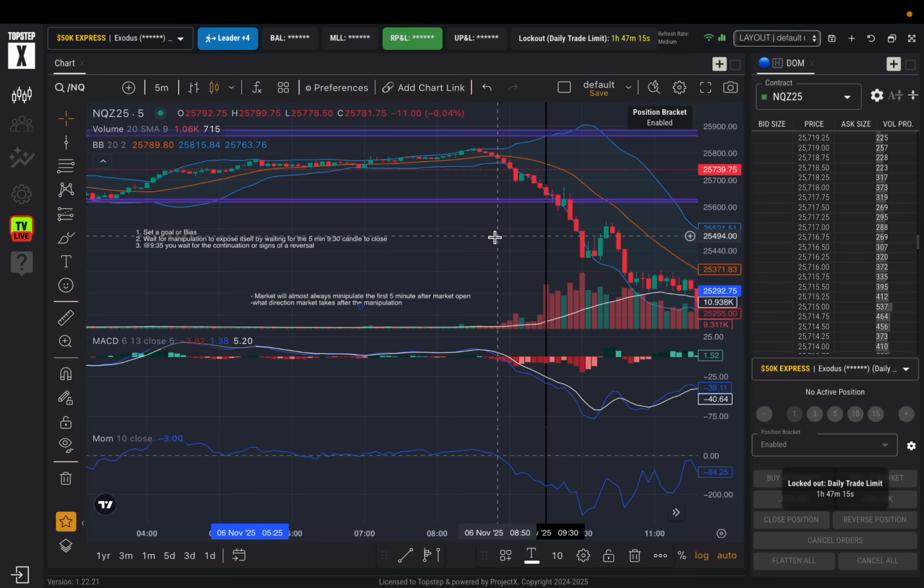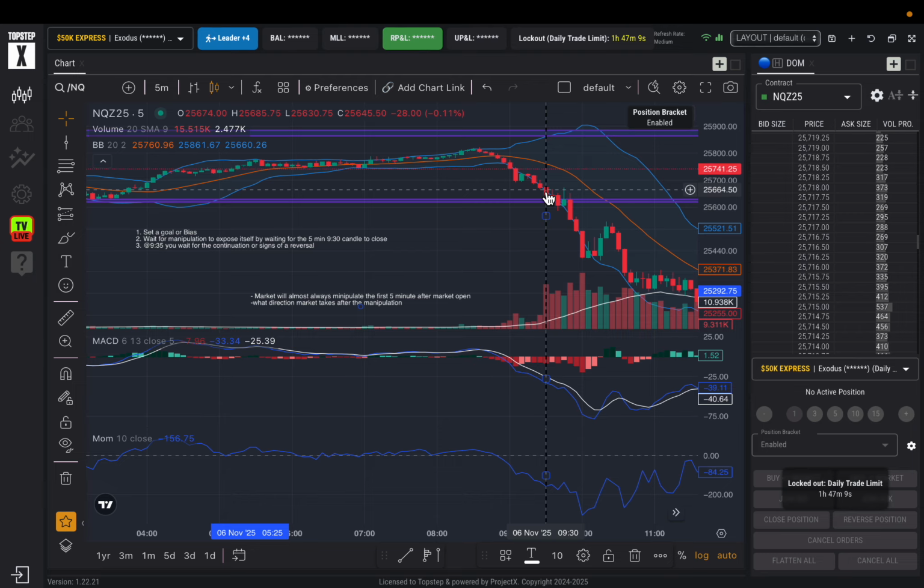Then you wait for price, after this, at 9:35. But realistically, I think I did lose this day. When you're at this point and you see that respect on this liquidity zone, my mind at the time was thinking maybe this would be a reversal.